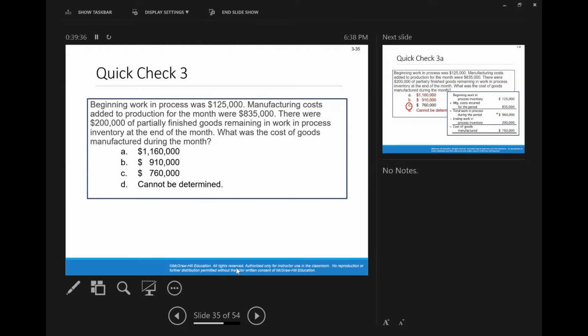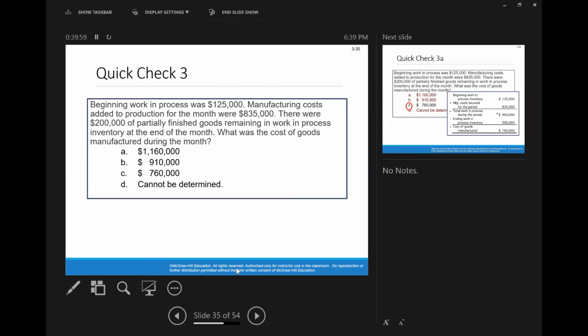What is the cost of goods manufactured during the month? So beginning balance was what? 125. How much did we bring in? 835,000, because we just calculated that we brought that in because that was how much we had pulled for the new job. So we add those two together and we get the total that we're working on.